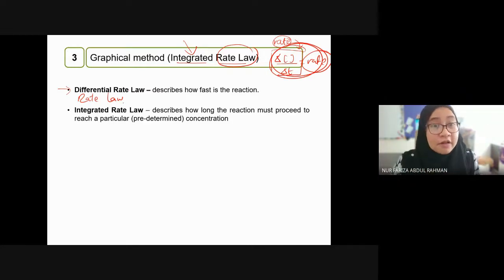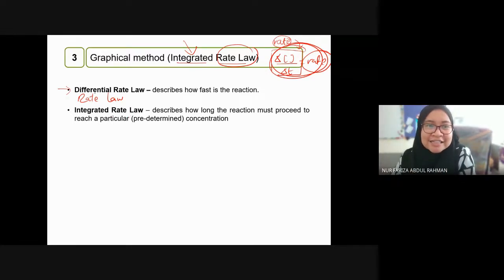And next we have the rate law. In the rate law, we have rate equal to rate constant and concentration, so we have the relationship between rate and concentration. So why do we need to integrate the rate law?